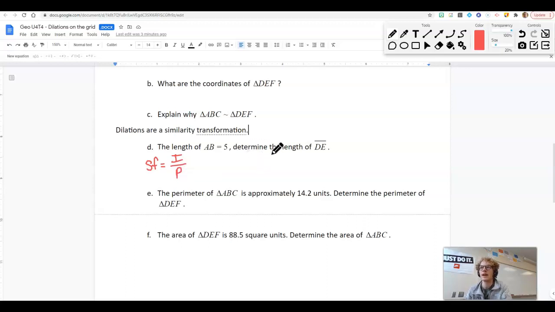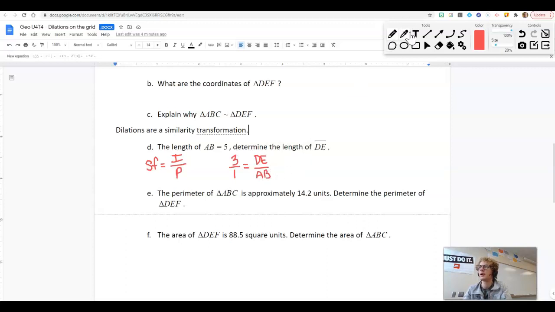So our scale factor in this problem was 3. So 3 over 1 is still equal to 3. We're going to put it over 1 so it's a little bit easier to work with. 3 over 1, the image length in this case will be DE, and the pre-image length is AB.